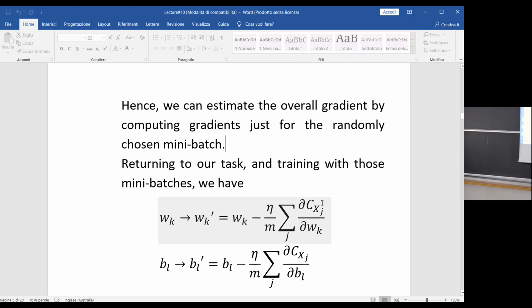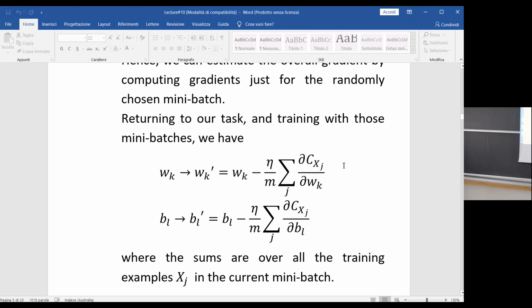So we can estimate the overall gradient, which we tend to bring to the minimum, to near zero in the ideal case, and we can approximate it just using the randomly chosen mini batch.